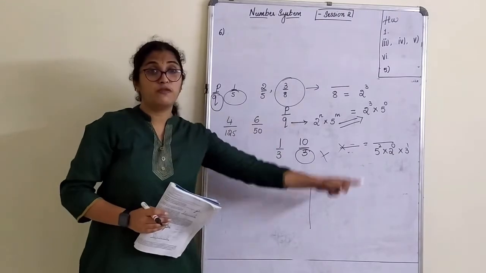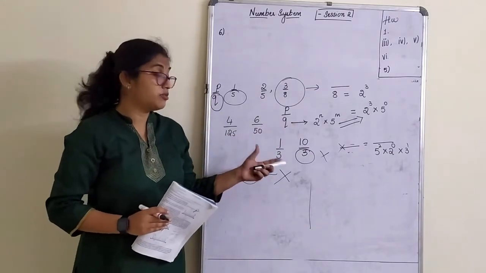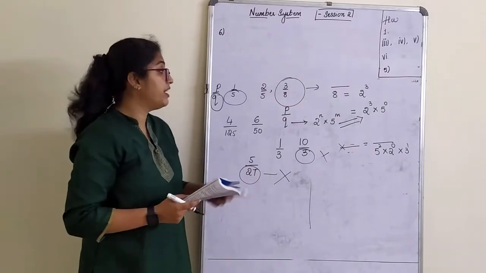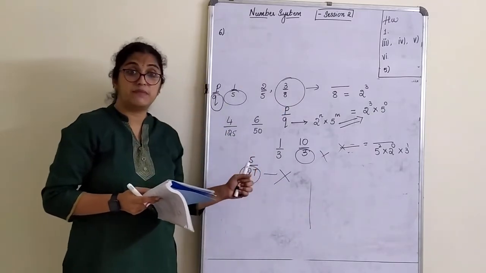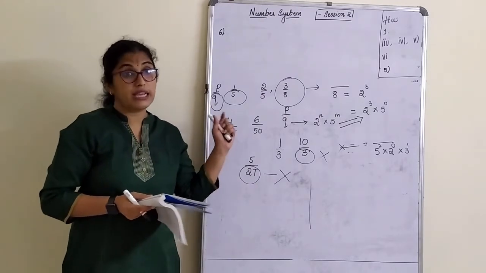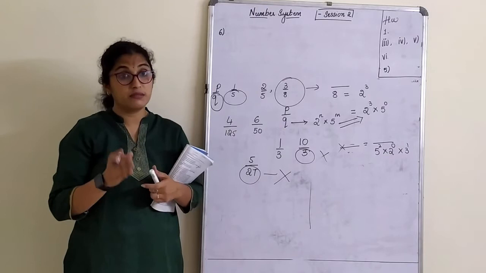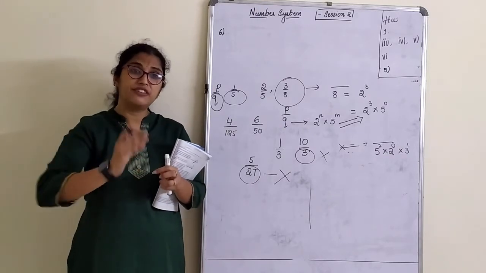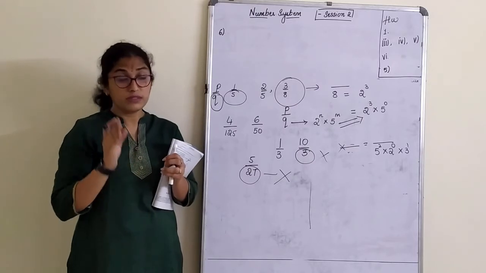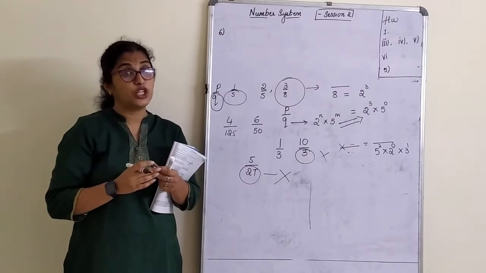Now what I am teaching you now is that you have a separate exercise in your standard 10 where we will be dealing with this type of sums. Not only that, looking at the number, you can tell that it is terminating. Also you can tell after how many decimals it will terminate, only by looking at the number. That is studied in your 10th standard.